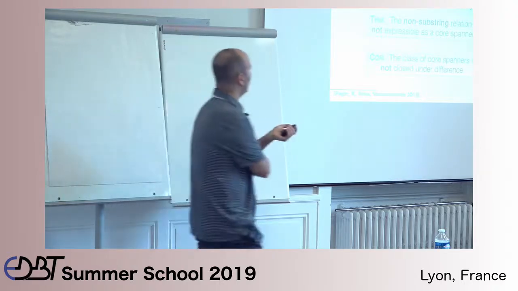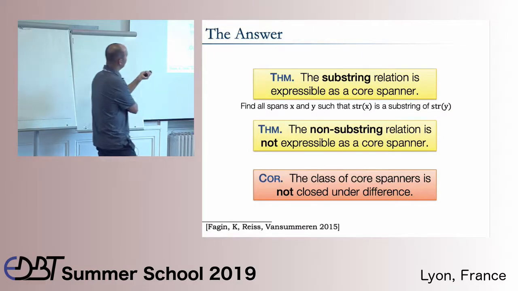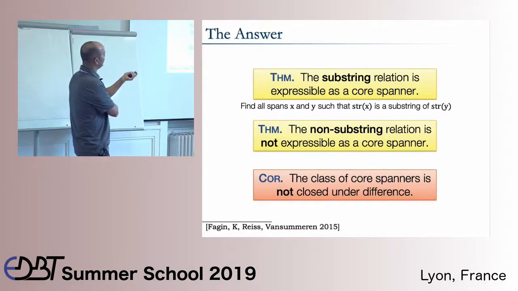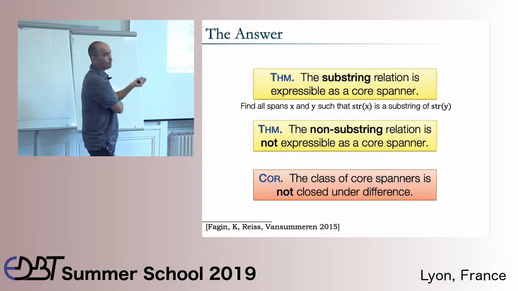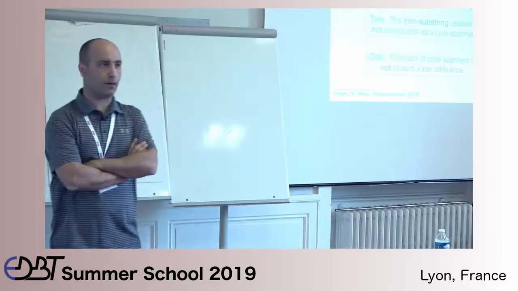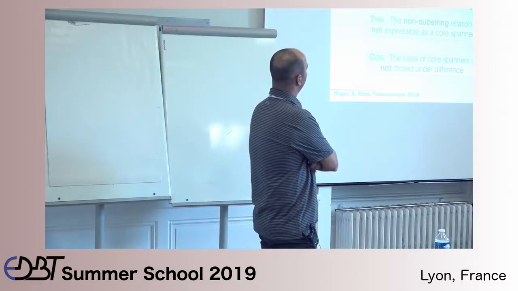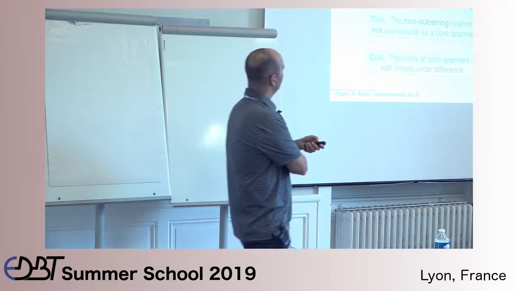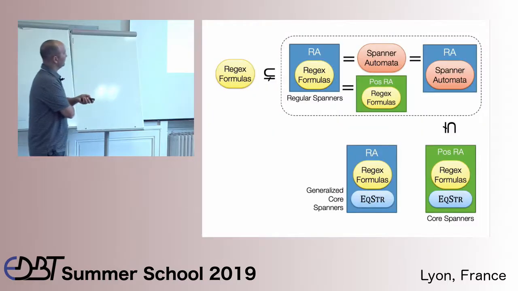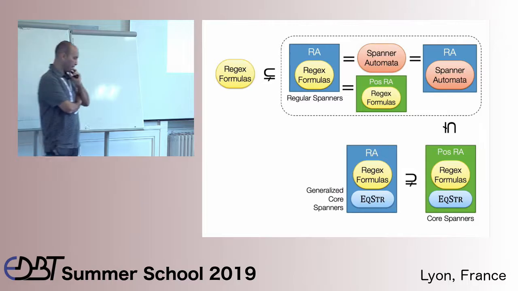And we'll see that the recursive nature of Datalog allows us to write this non-substring relation, which is, again, not expressible with regex formulas and our relational algebra and string equality. Okay. So we conclude that the core spanners are not closed under difference, and so this class is strictly contained in this class, which is the same, just with difference.